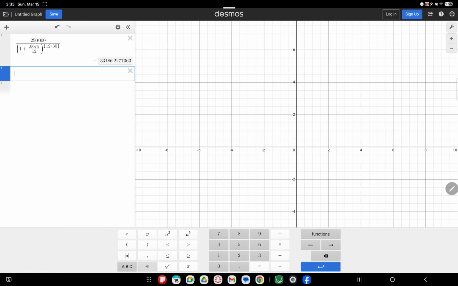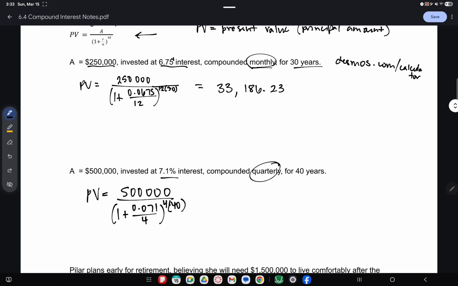I'll just do a new line. 500,000 over 1 plus 0.071. See, it was quarterly, so 4. Then all of that raised to the 4 times 40. 29,949 and 68 cents.